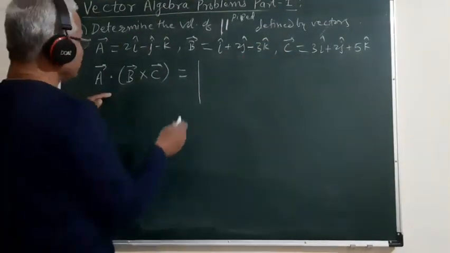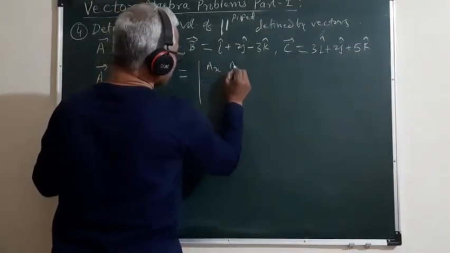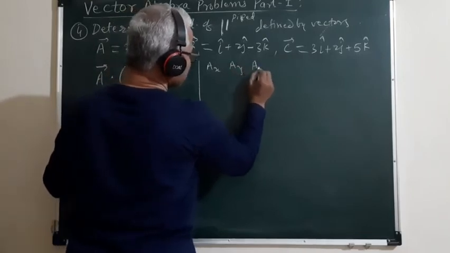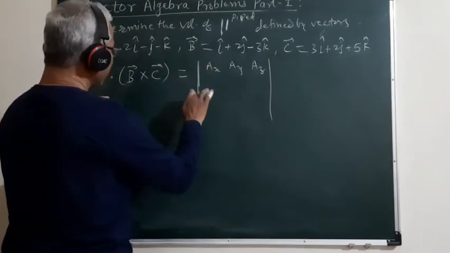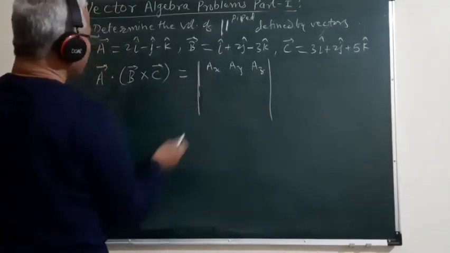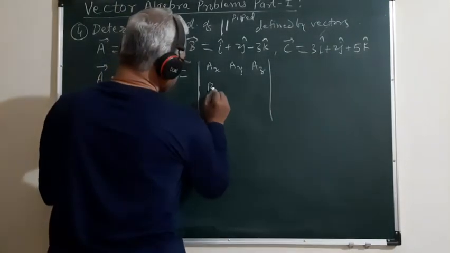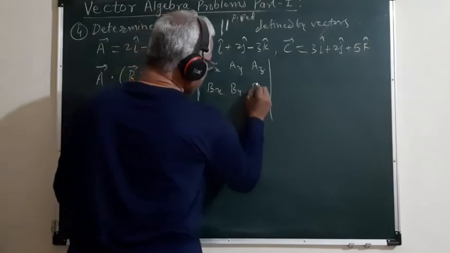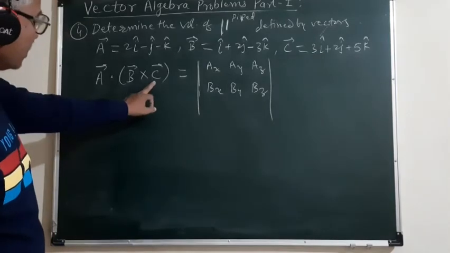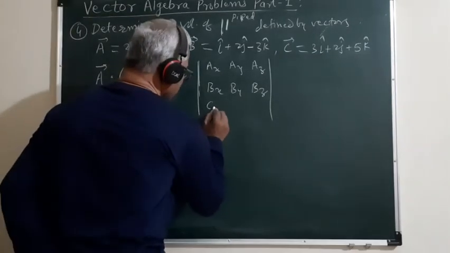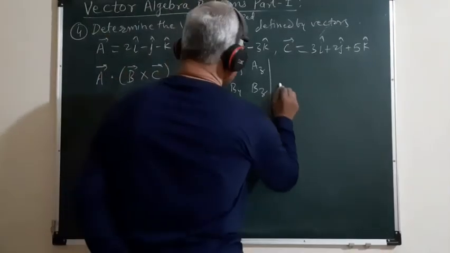The first row of the determinant is the components of the first vector in the product, which is A bar, so ax, ay, az. The second row is the components of the second vector, that is bx, by, bz, and the third row constitutes the components of the third vector, that is cx, cy, cz.